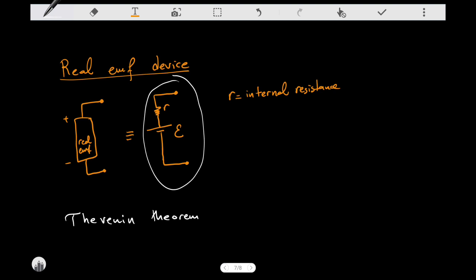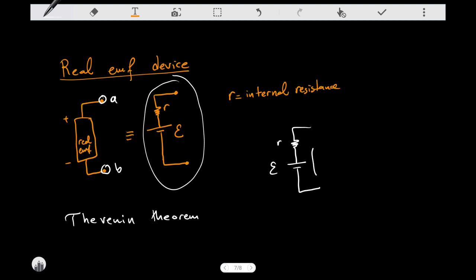Why is this so significant? Because if you think of these two points as the terminals of the EMF device, the potential difference across these two terminals does not need to be equal to the EMF. Why? Because there is a potential drop on the internal resistance as well.